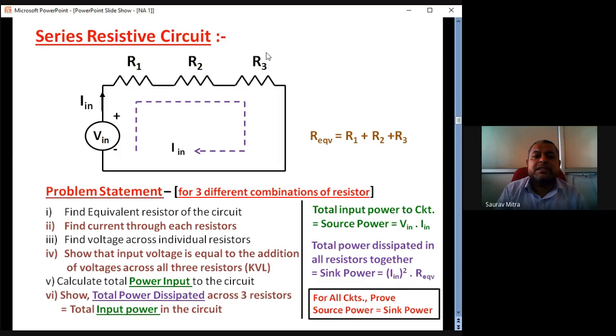The 100 ohm resistance might be 104 ohm. It is possible. Hence there will be a little deviation between the theoretical values of resistances, theoretically calculated In and power, and the practical values of resistances, practical In, and practically calculated input power and dissipated power. All those things you have to validate practically during experimentation.